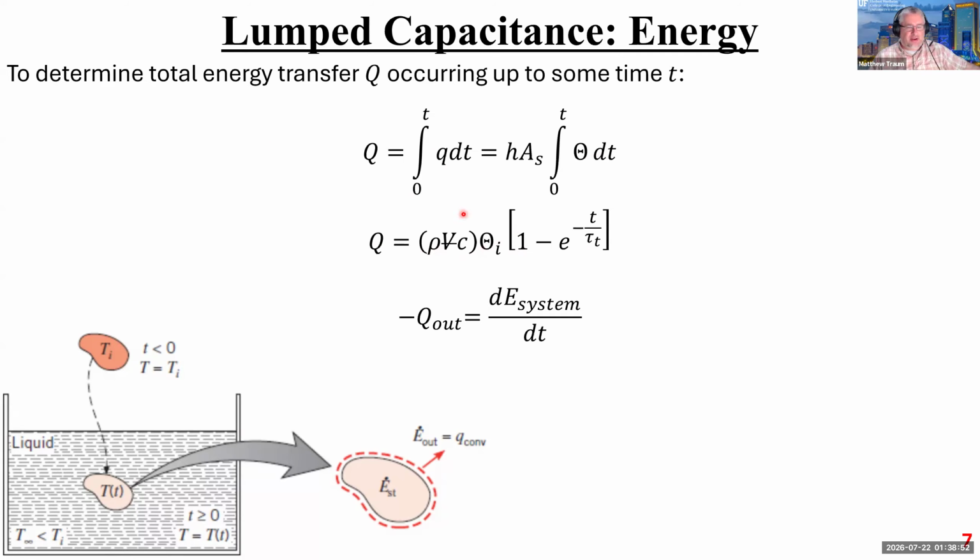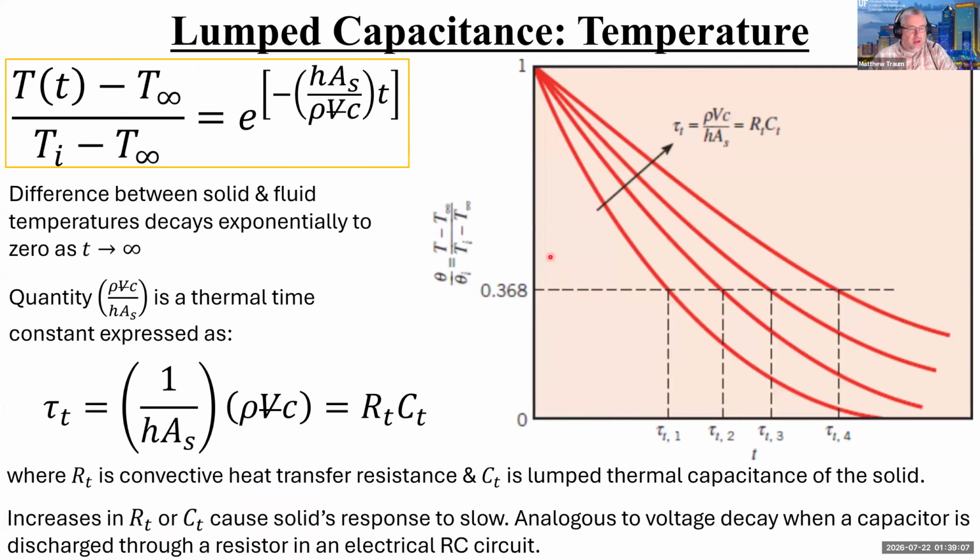If I wanted to know how much total heat got transferred away by quenching this object over some amount of time, I just take that amount of time and plug it in here. Here's my time constant, RC, or rho VC over hA_s.